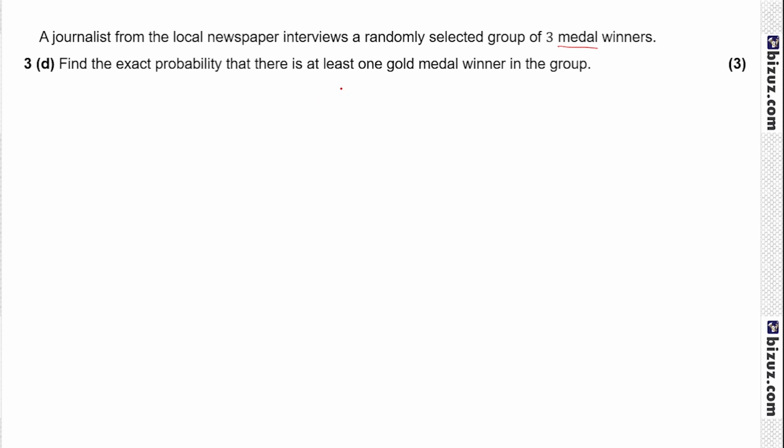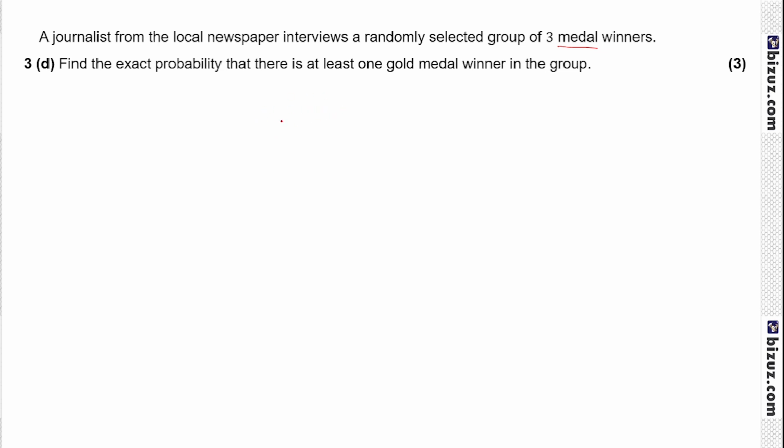Now, in these situations where they ask, find the probability of at least one thing happening or there being at least one thing in the group, it's usually easier to find the probability of none happening and then subtracting that from one, because none happening and at least one happening, those two are complements, as we can understand from the phrasing.